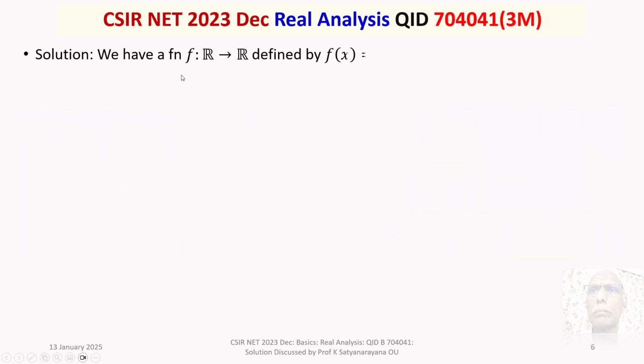We have a function f from R to R defined by f of x is equal to (1 minus x) whole square sine x square when x belongs to the open interval 0 to 1, and f of x is equal to 0 otherwise.